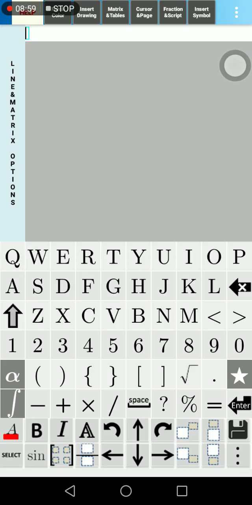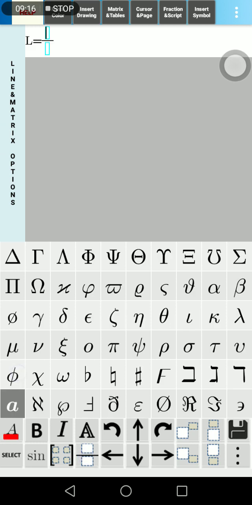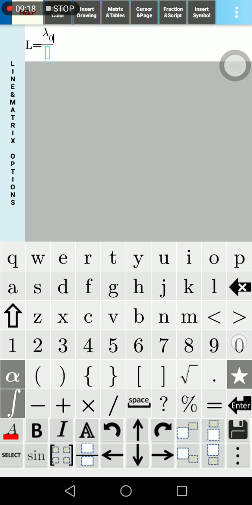Let's start with the fundamental first. The length is given as wavelength over 2. This is the fundamental note.